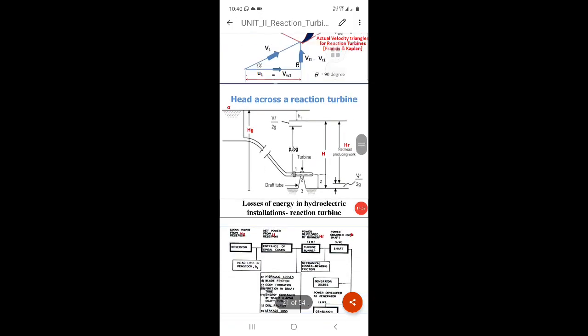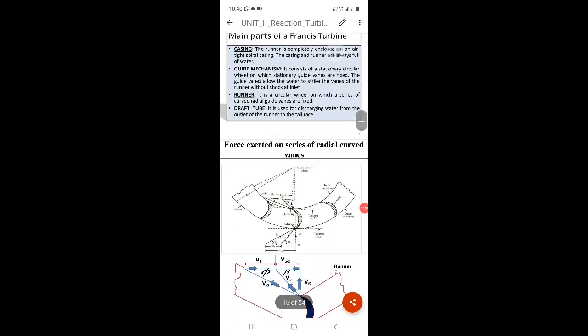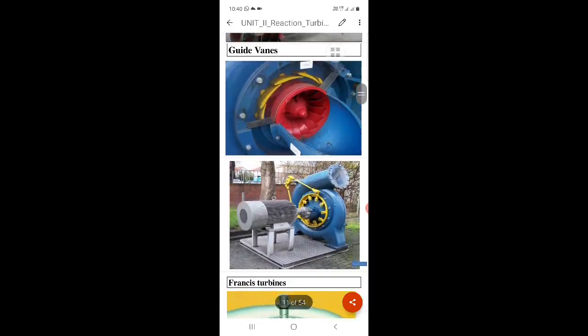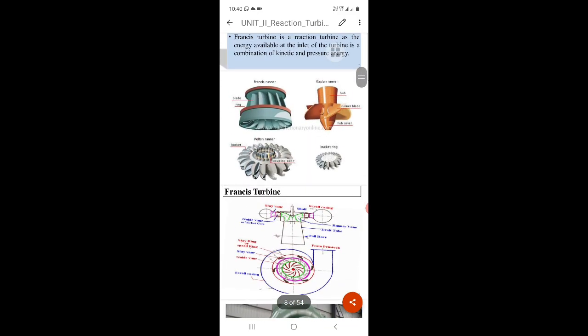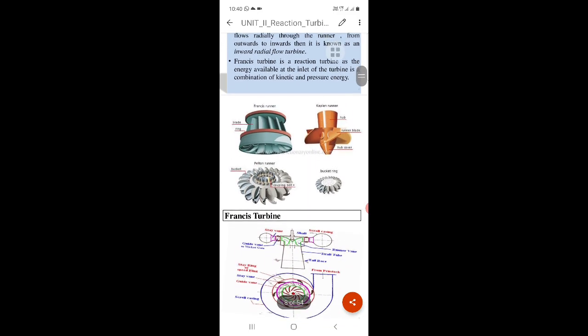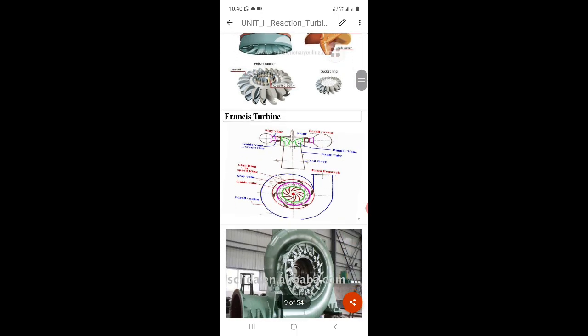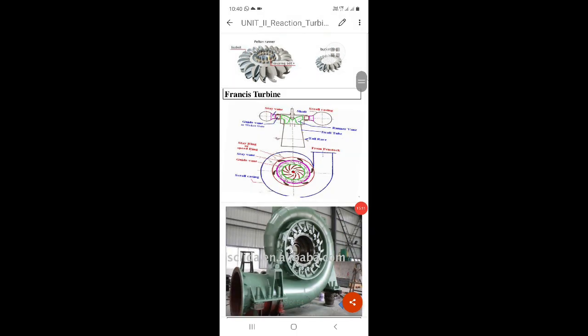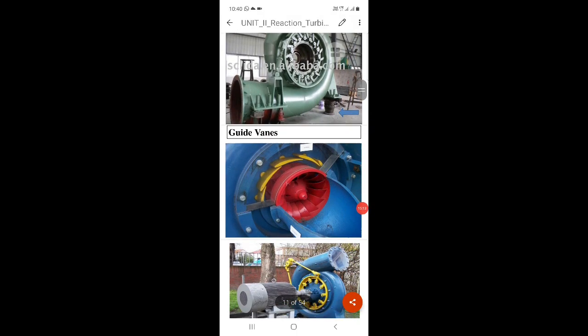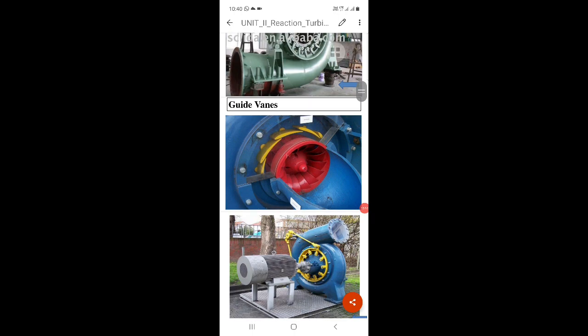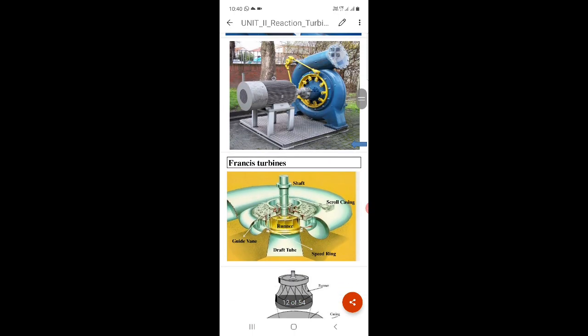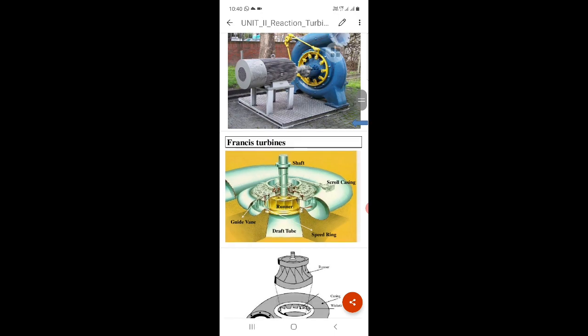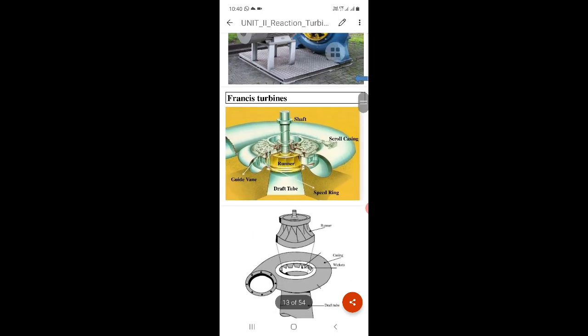In today's lecture we saw the Francis turbine. This is a runner of the Francis turbine. Next is the diagram of the Francis turbine, the actual views of the Francis turbine. This is a schematic diagram of the Francis turbine.